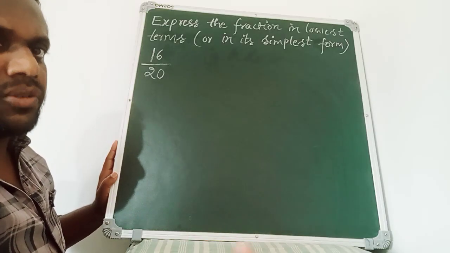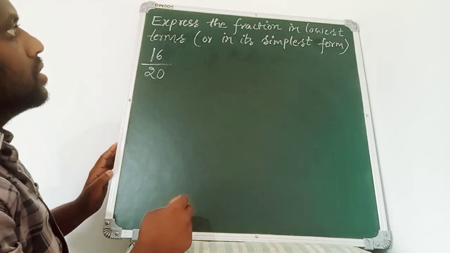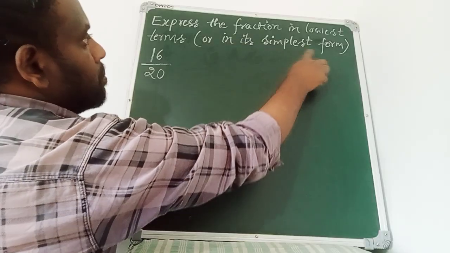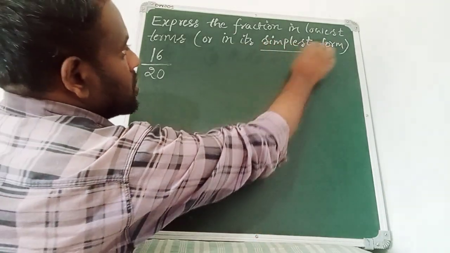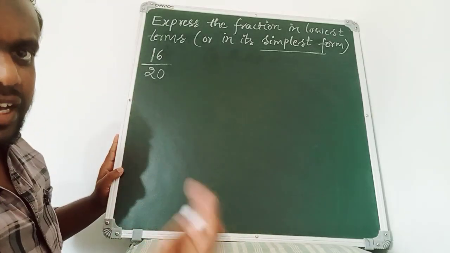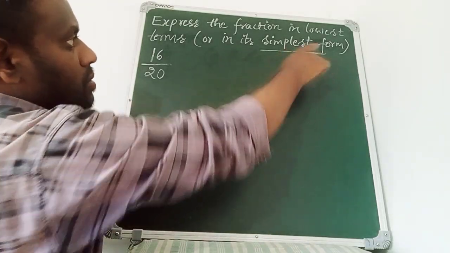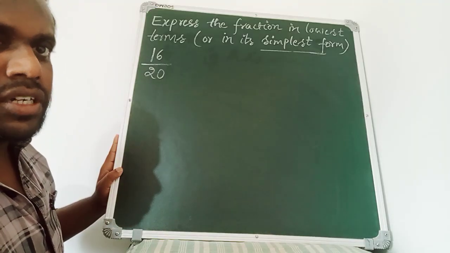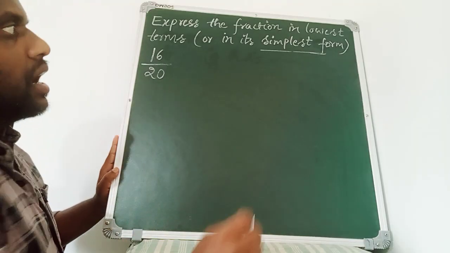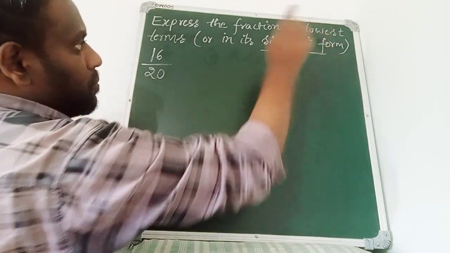Both are the same, as I just told. While explaining I will use only this simplest form. It is understood that simplest form or lowest terms both are the same.